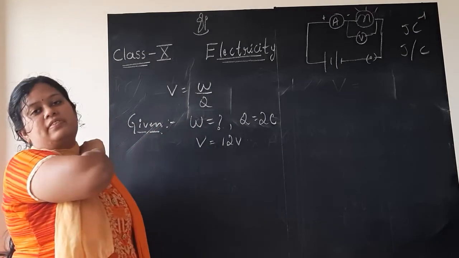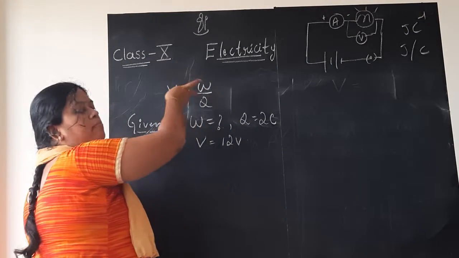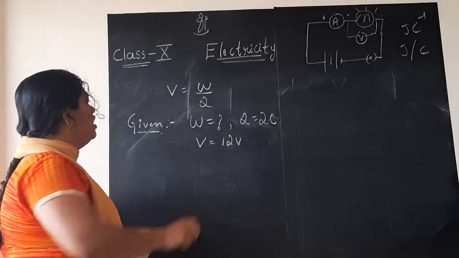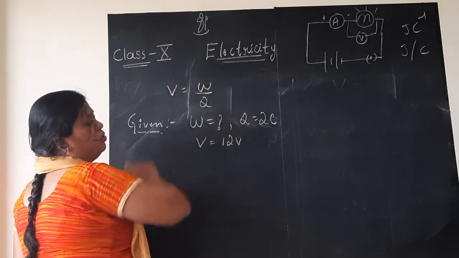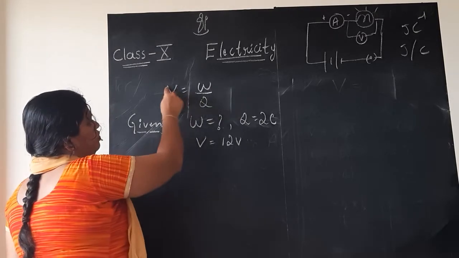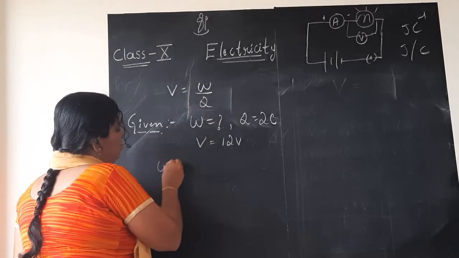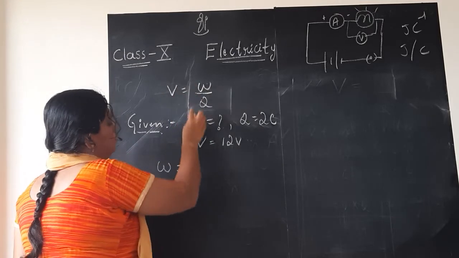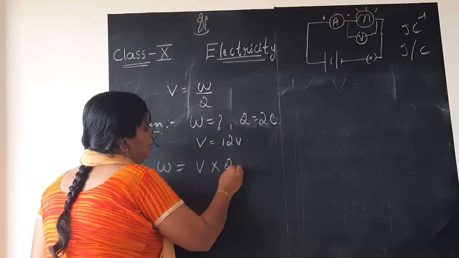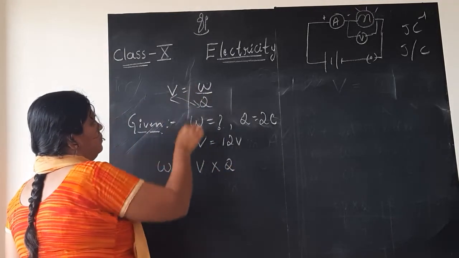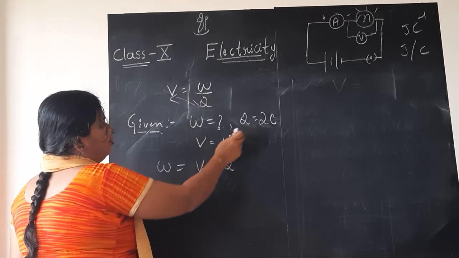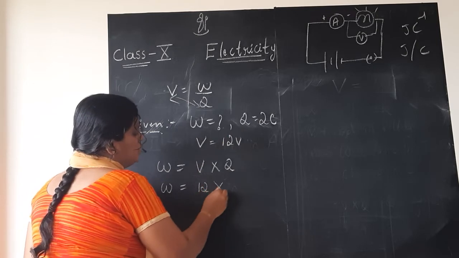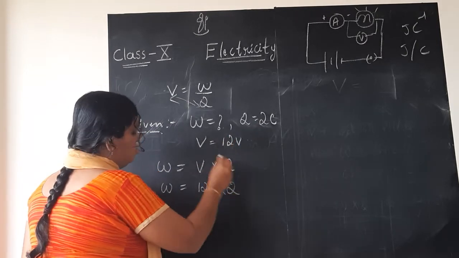I showed you previously how to manipulate the formulas based on the given data. Here we know the voltage and the charge, but we don't know the work done. So if V is equal to W by Q, then W is simply the product of V into Q, cross multiply. W is equal to 12 volts into 2 coulomb.